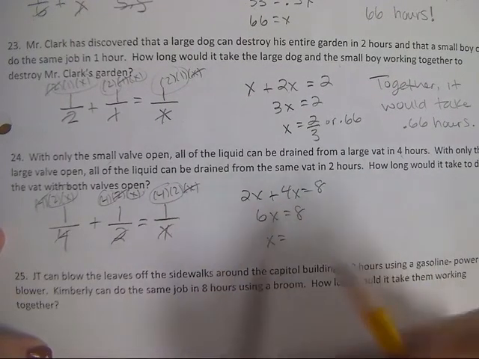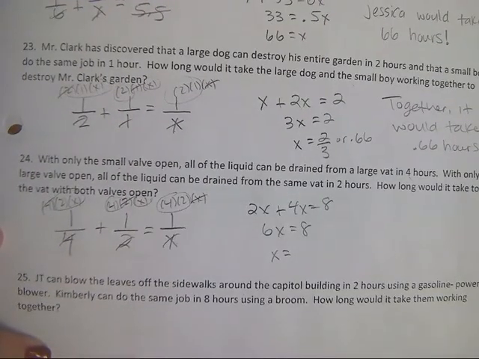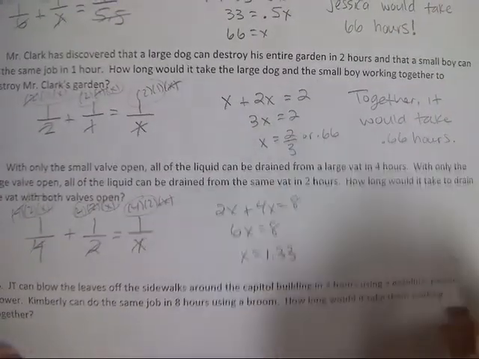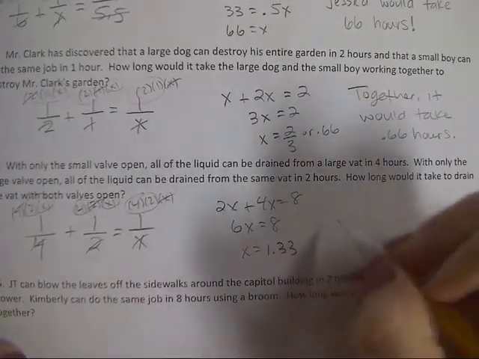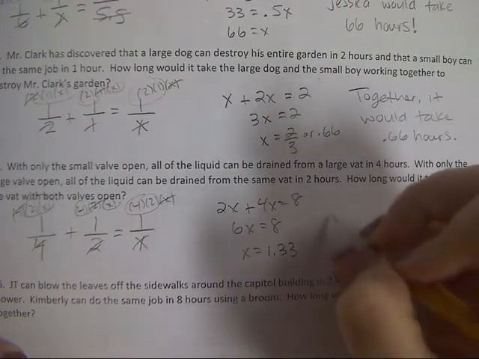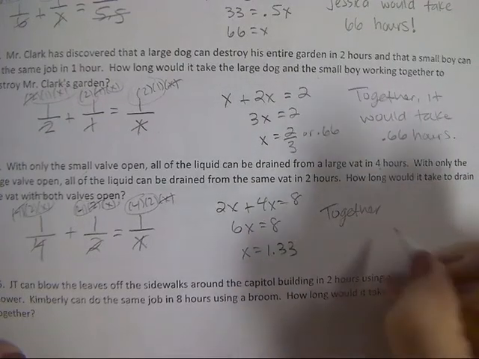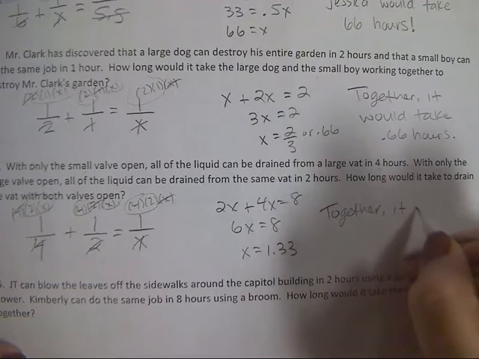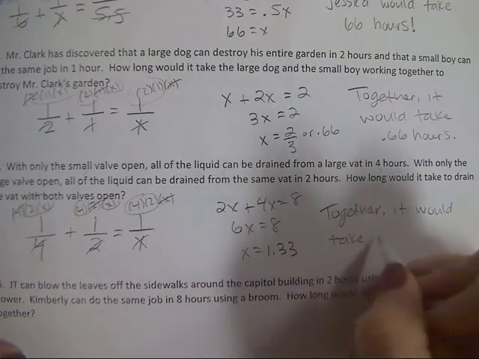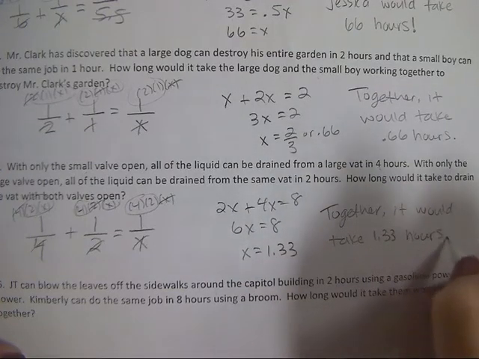Then we're going to divide 8 divided by 6, which is going to equal 1.33. So if both valves are open, together it would take 1.33 hours to drain the vat.